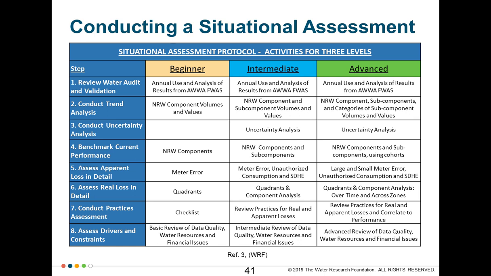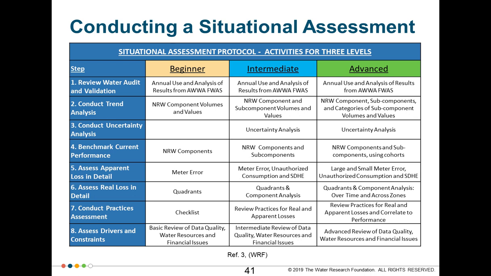In step 2, to detect changes in volumes and values of NRW over time and to spot data errors, utilities with beginner status will perform basic trend analysis on the primary NRW components, that is, total, apparent, and real losses. While intermediate and advanced utilities should be able to analyze trends in the subcomponents of apparent losses, in other words, customer meter inaccuracy, systematic data handling error, and unauthorized consumption, and real losses, such as leaks on mains, services, and appurtenances, and leaks from storage.